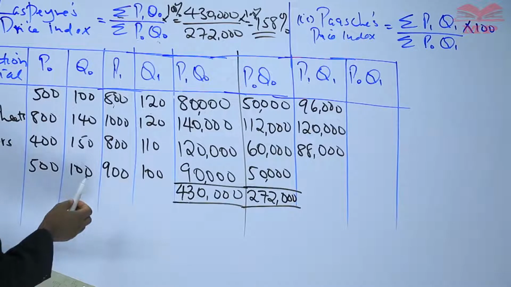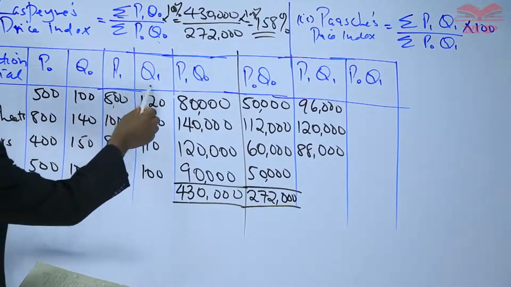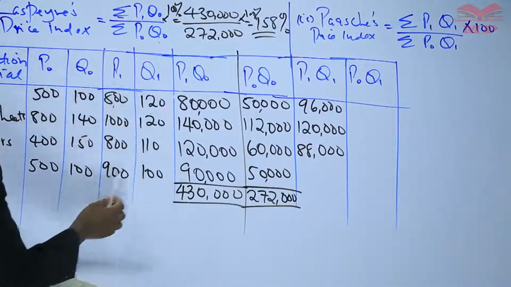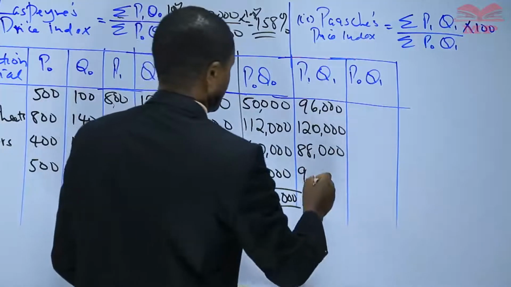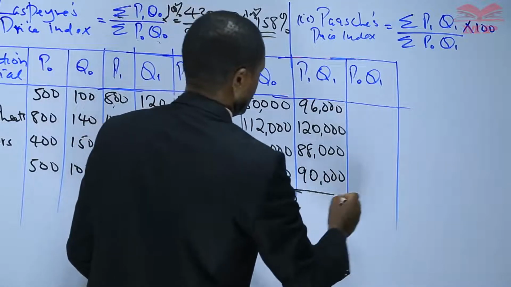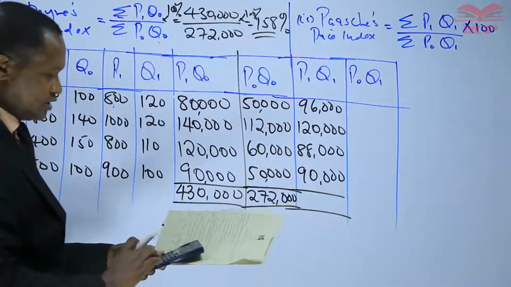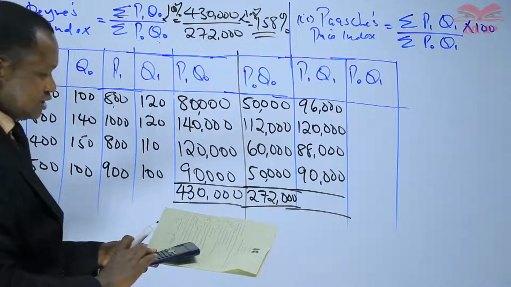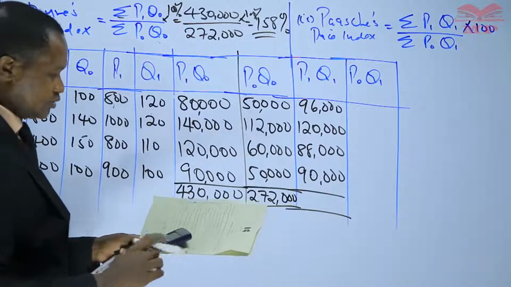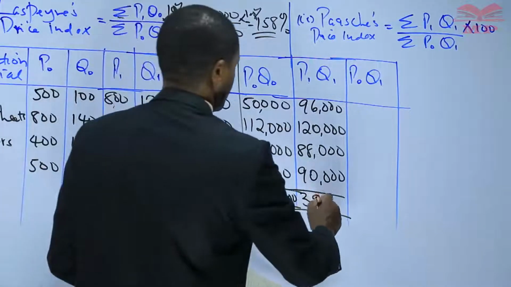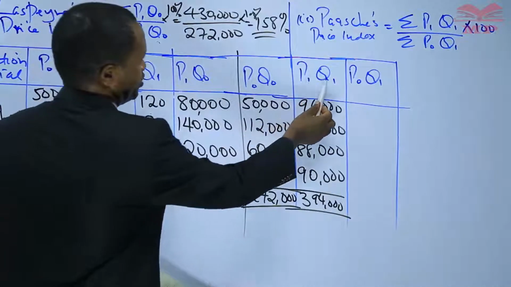It's supposed to be P1 Q1. Yes, P1 Q1. 90,000. What's the total? 96 plus 120 plus 88 plus 90 is equal to 394. So 394,000, the summation of P1 Q1.